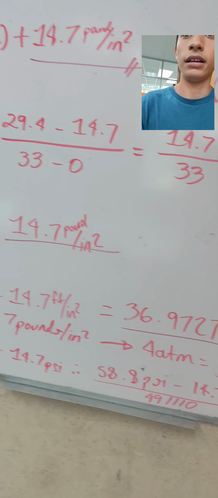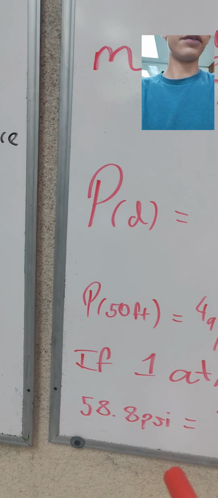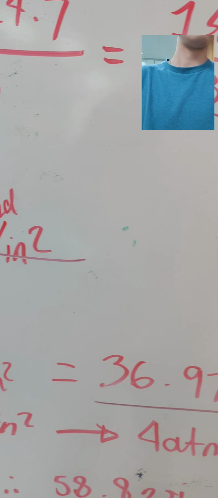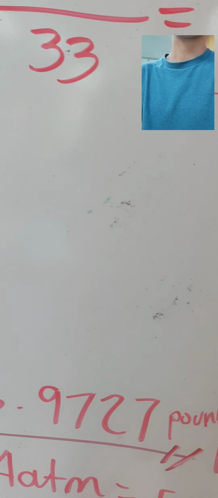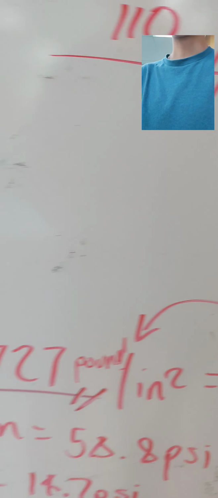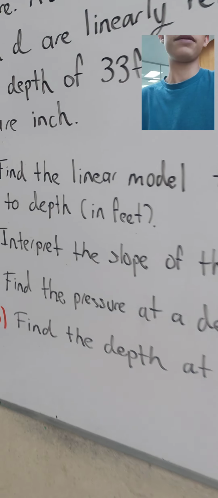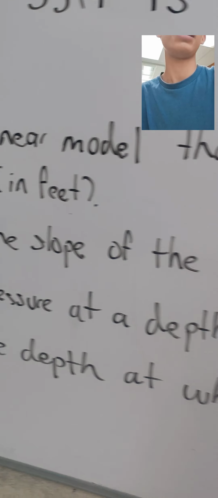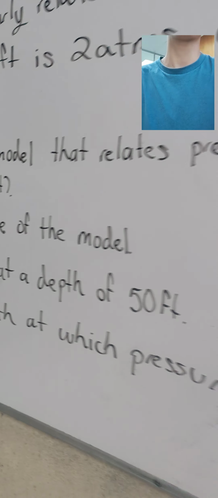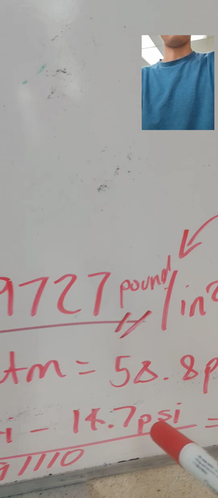So if 1 atmosphere is equal to 14.7 pounds per square inch, 4 atmospheres is going to be equal to 58.8 psi. So that's for the next part, find the depth at which pressure is 4 atms.